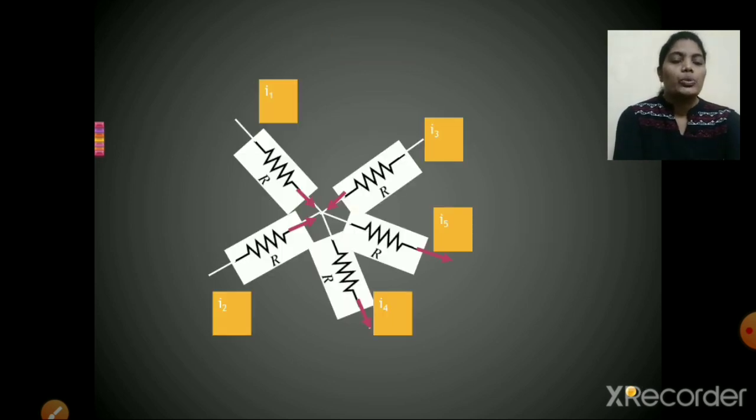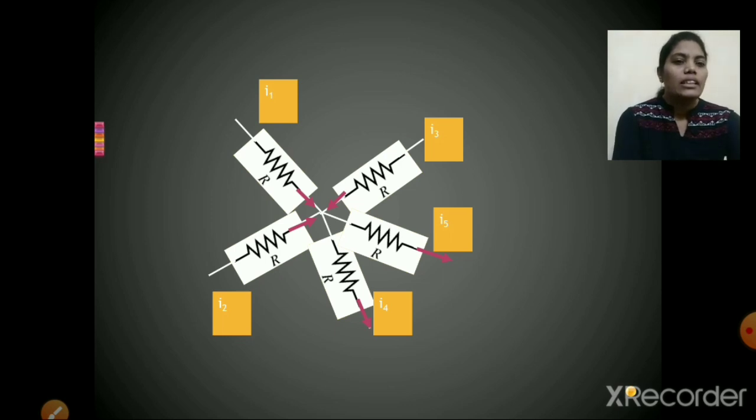To understand this law, let us consider a junction. Generally, what is a junction? We use junction for the place where many roads meet, or a place where many routes join.